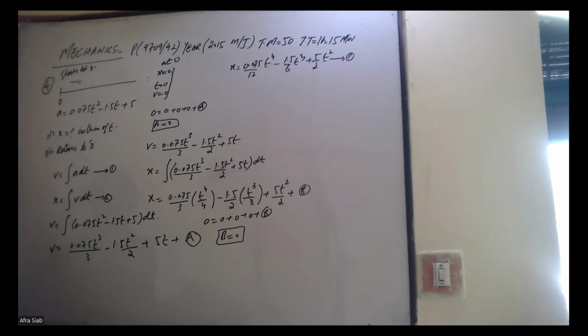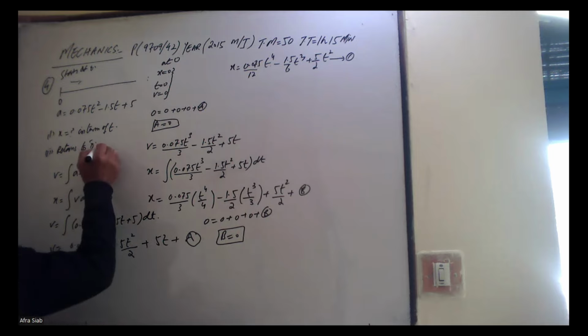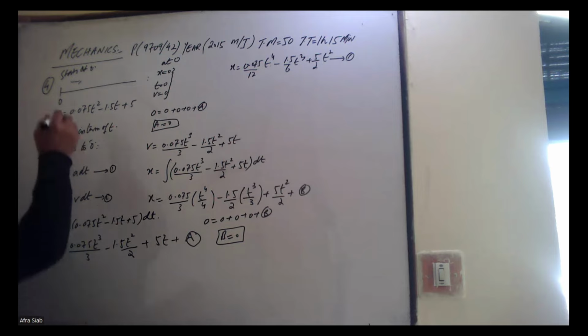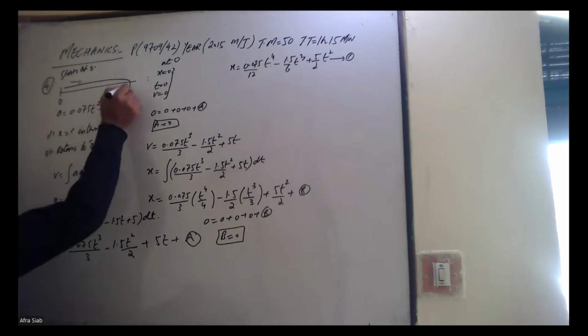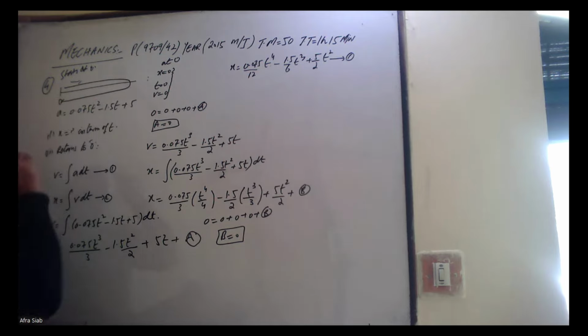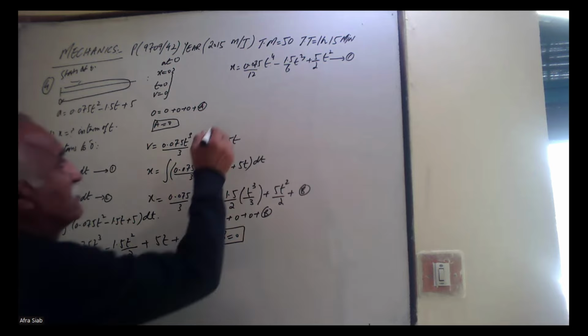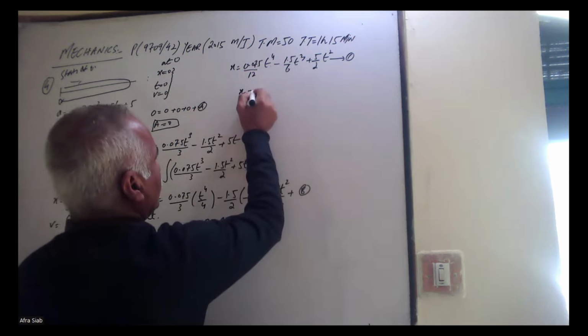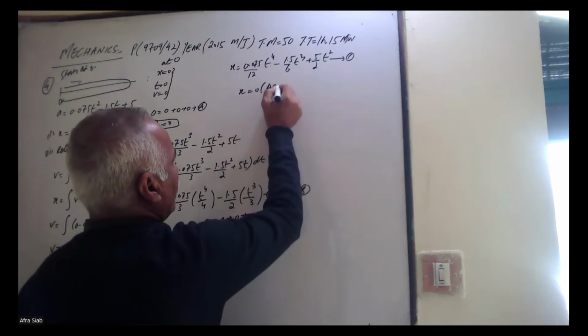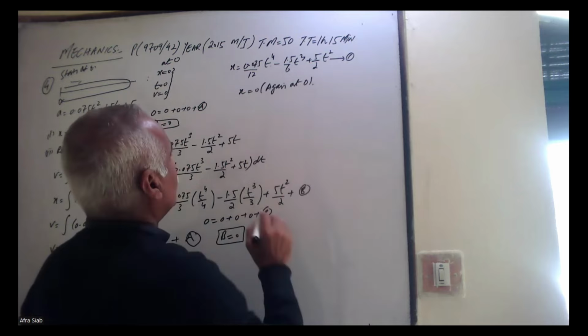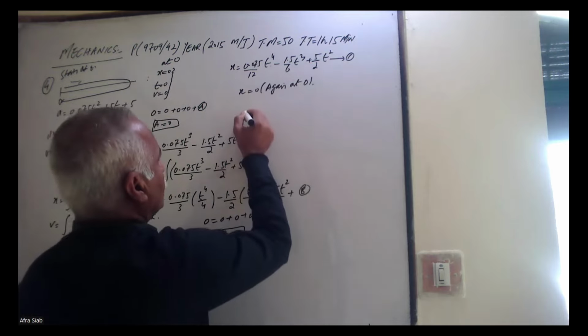Now, when it returns to O, find the value of t. So we know one thing: when it returns to O, that means it is going forward and then it is going to make a turn back towards that point. So again at O means that x is equal to 0. So you put x equal to 0.